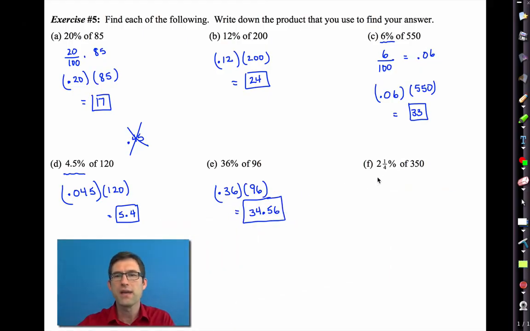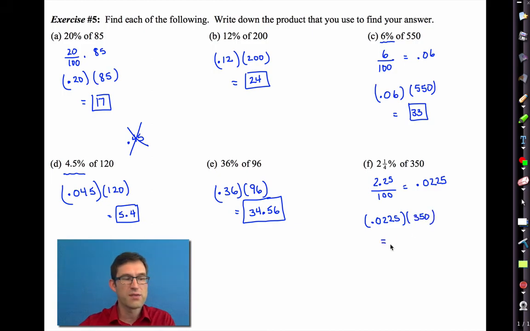2.25%. Oh man, what does that mean? Well, that's 2.25 divided by 100, so that'll be 0.0225. So that is definitely a little bit tricky. 0.0225 times 350. And that just gives me 7.875.